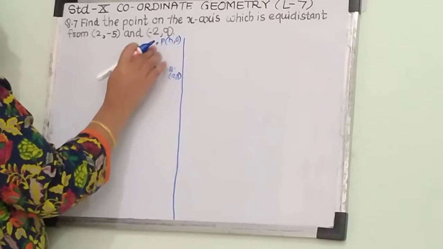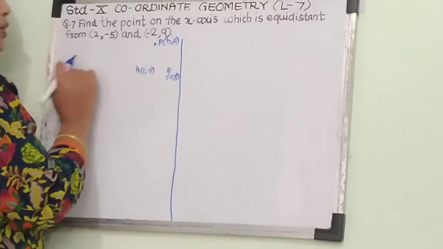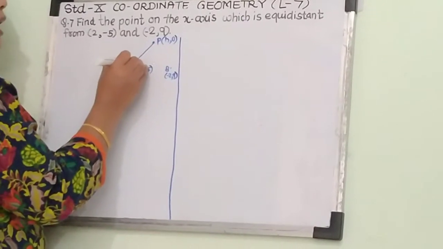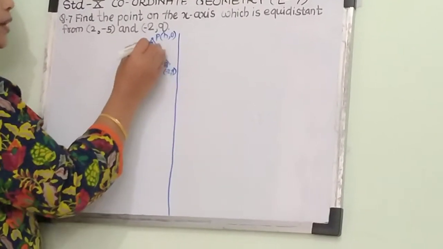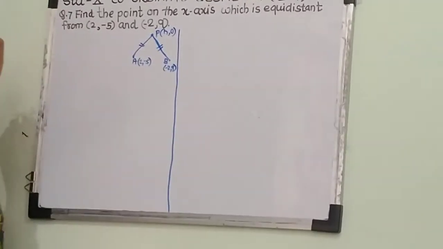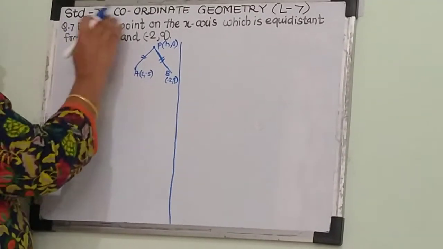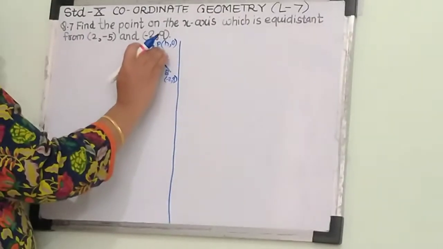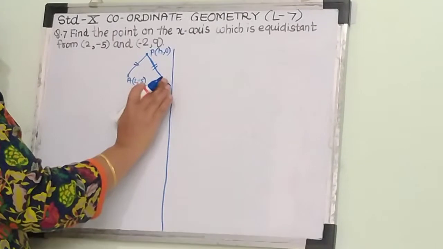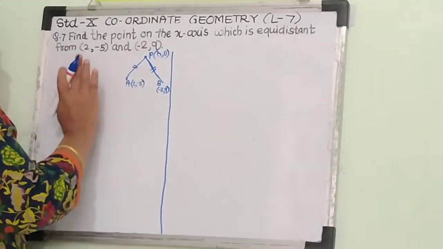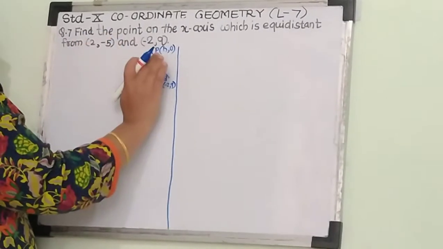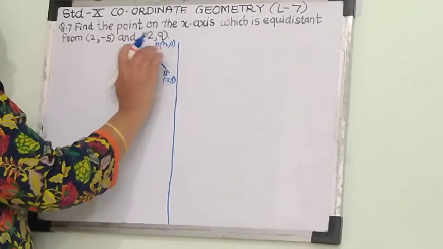So I will take P as (h, 0) which is equidistant from A and B. So we get PA and PB are equal because in the question it is given that point P is equidistant from A and B. So we have to find out now the coordinates of point P.